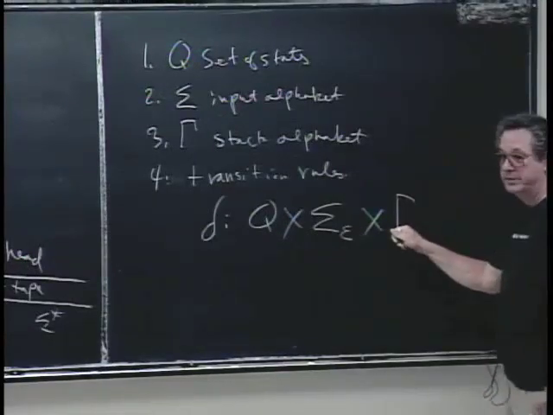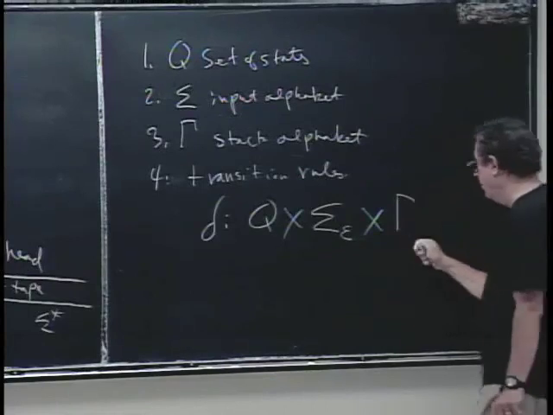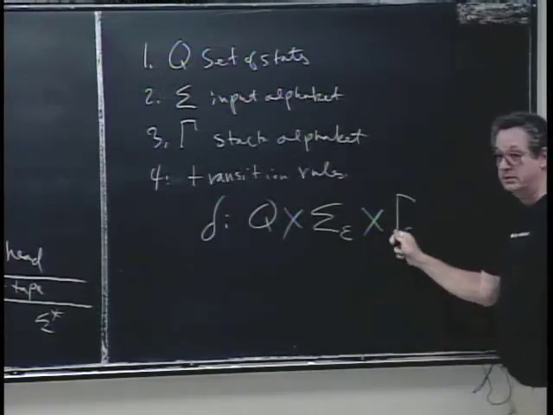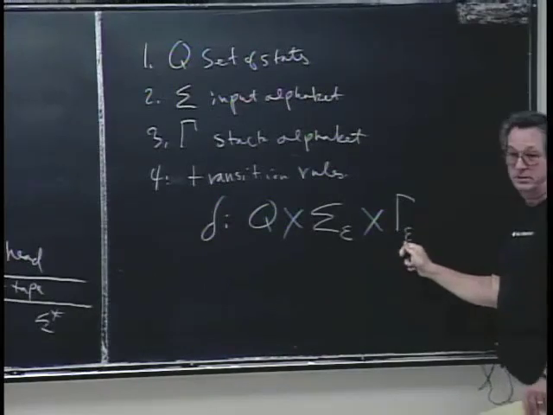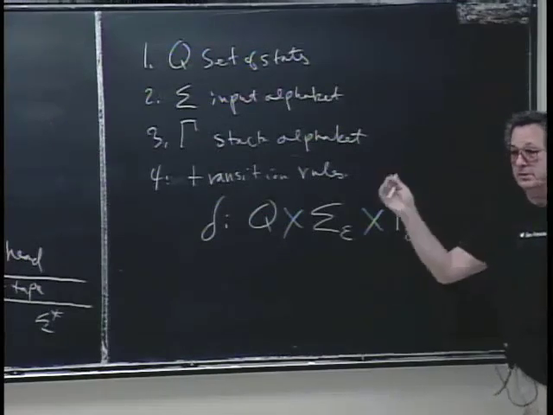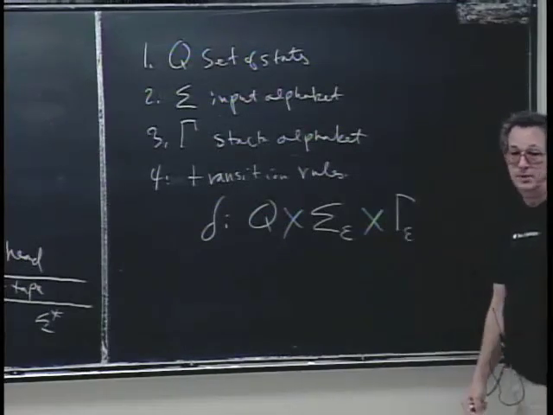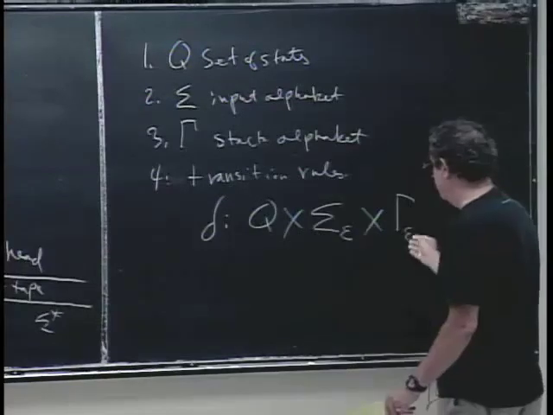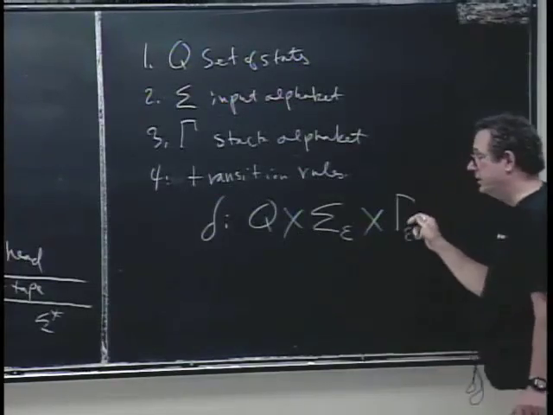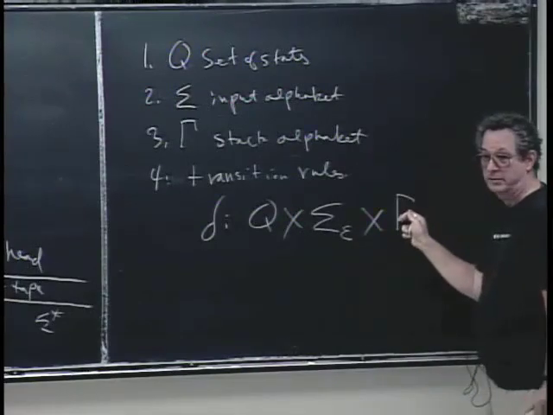What's on top of the stack, or decides not to look at the stack. So this is gamma, it's an alphabet, and it's augmented with epsilon as well, which means it's reading nothing off the top of the stack, or it's reading the empty string off the top of the stack. Okay? So in the formalization here, the machine has the ability to look at the stack.